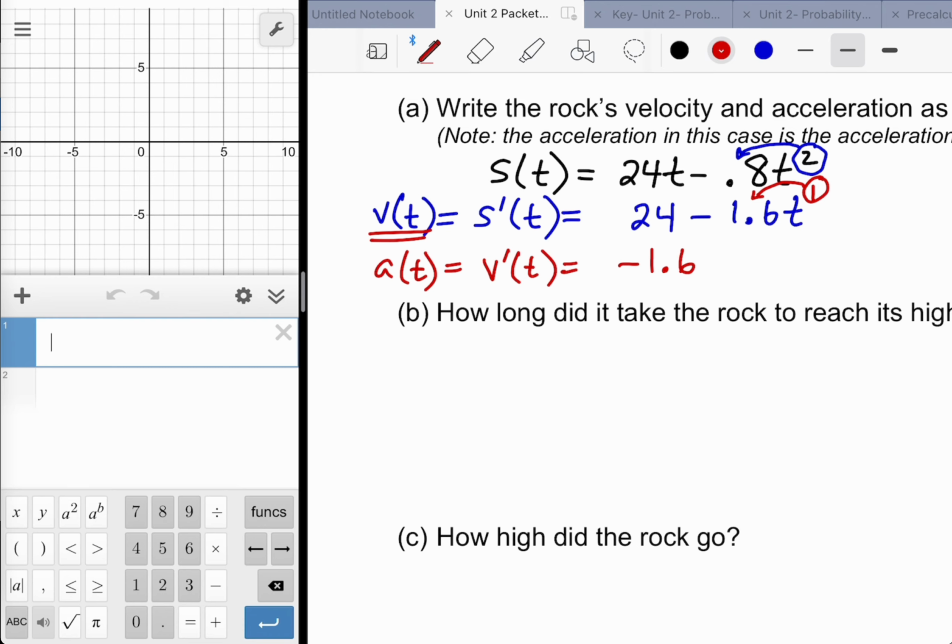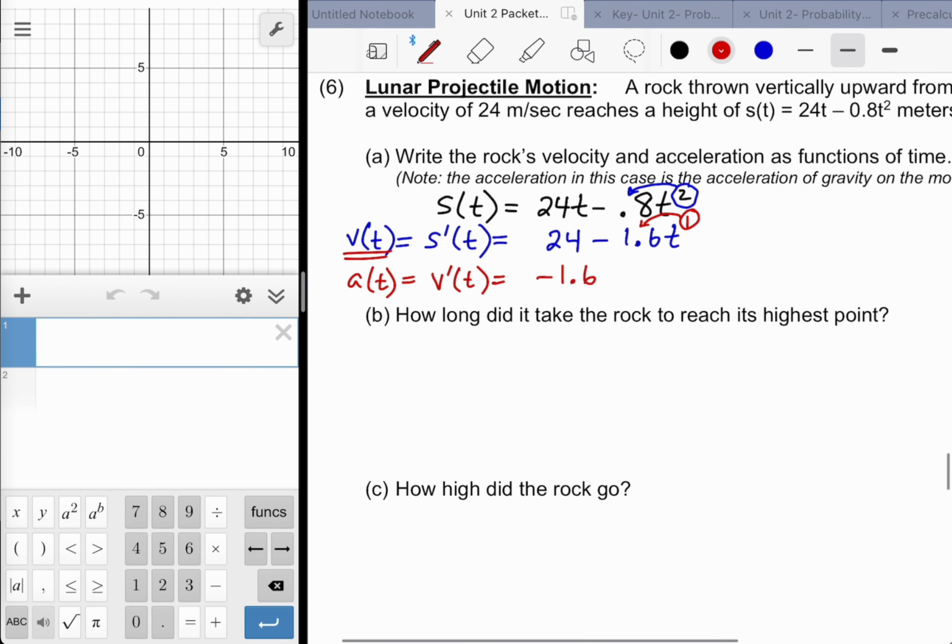So acceleration is a steady constant, negative 1.6 meters per second squared. But this is a function, so we don't need the units for that. But what this gives us, assuming that the function was accurate to begin with, is the acceleration due to gravity on the moon. So the second derivative of the position function would give you that.